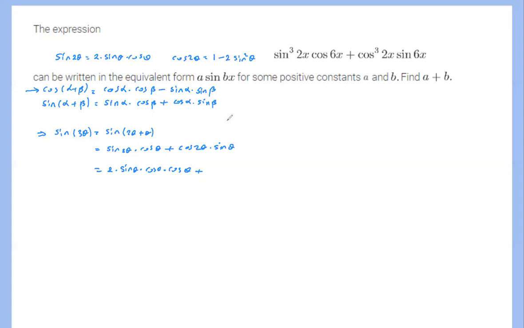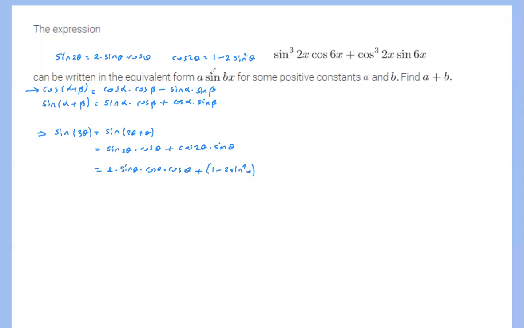So instead of cosine 2 theta, I'm going to write this one because we are going to write everything in terms of sine. Our goal is to write sine 3 theta in terms of sine. So that's why cosine 2 theta is equal to 1 minus 2 times sine squared theta.